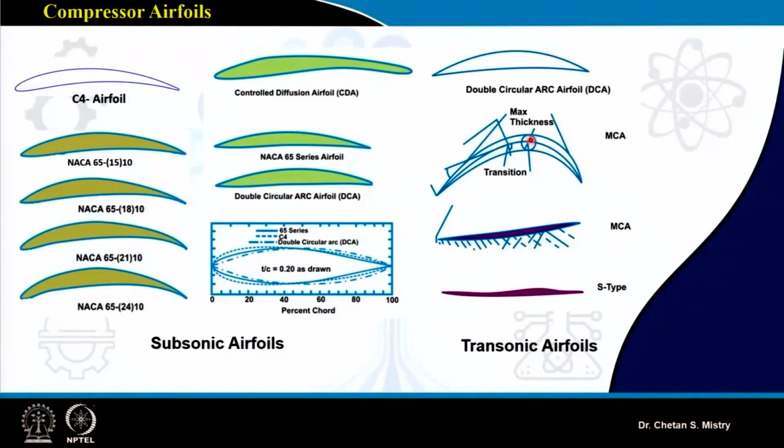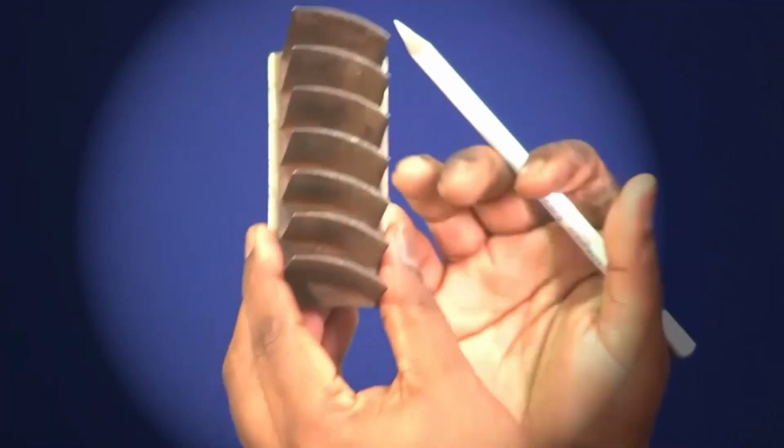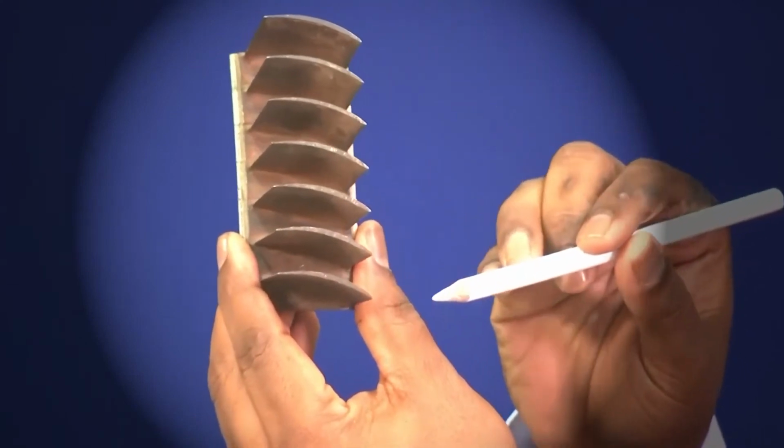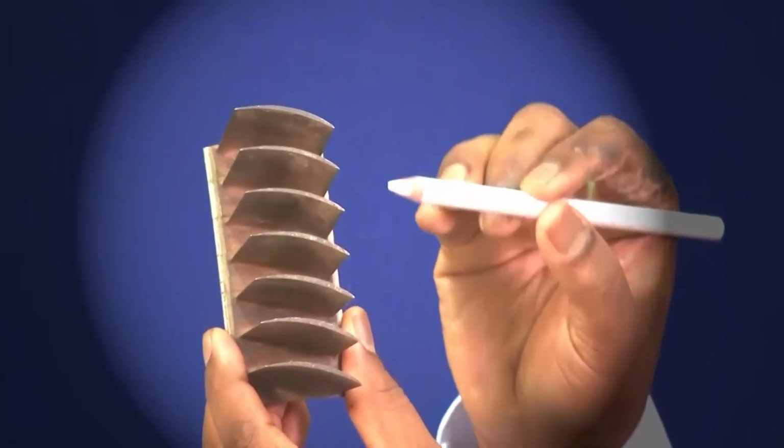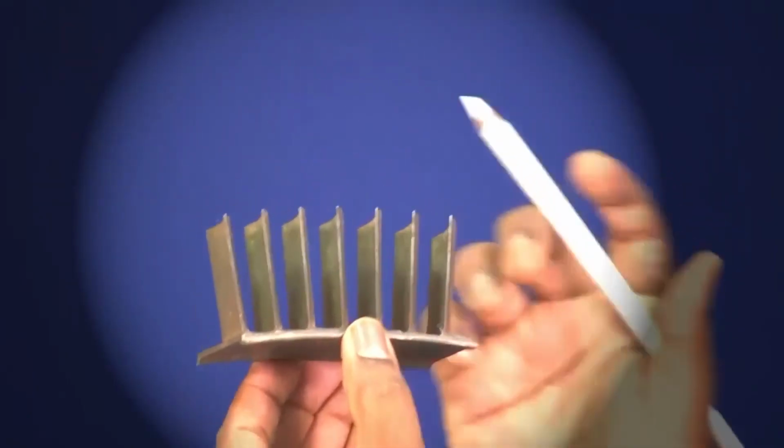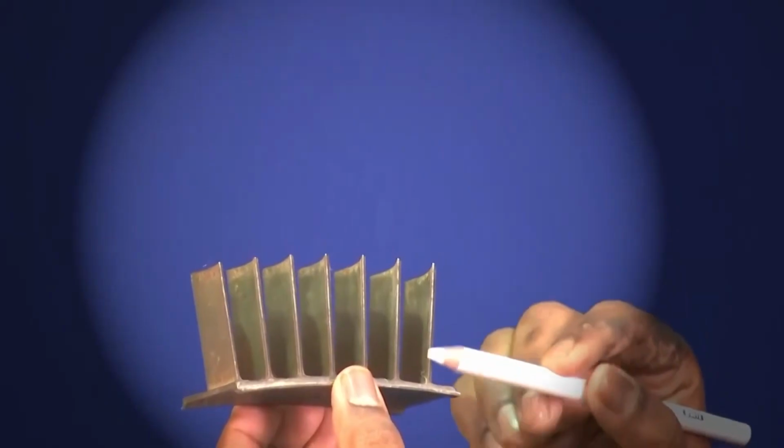Now let me show you one of the HP compressor blades. If you look carefully, there are more blades in the HP compressor, and it has an aspect ratio of nearly 1.